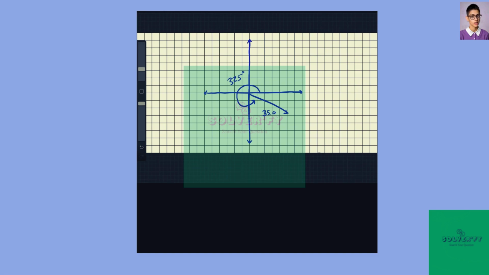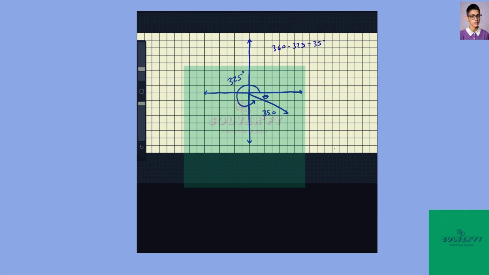And there's two different ways that we could do it. First of all, we could look at this angle right here and realize that that angle is just going to be 360 minus 325, which is 35 degrees.